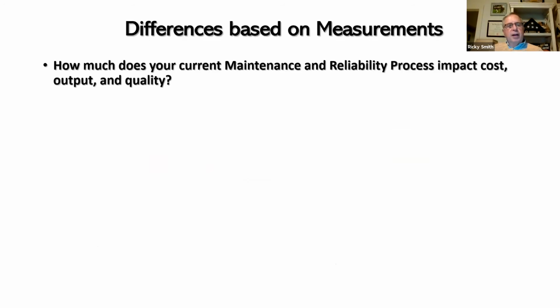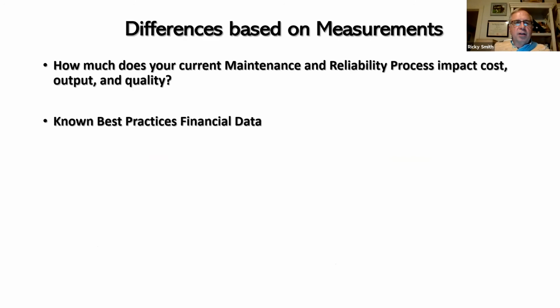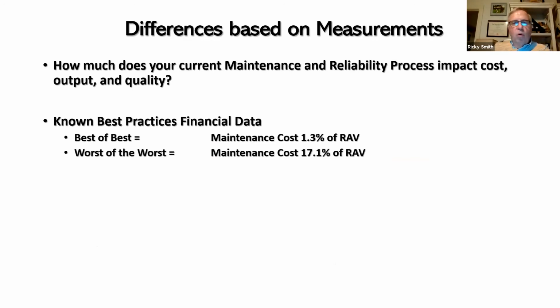Differences on measurements. How much does your maintenance and reliability process impact cost, output, and quality? There are some differences there. Known best practice, financial data, best of the best. Maintenance cost as a percentage of replacement asset value, 1.3%. Worst of the worst, 17.1% of replacement asset value. I'm not mentioning any names.